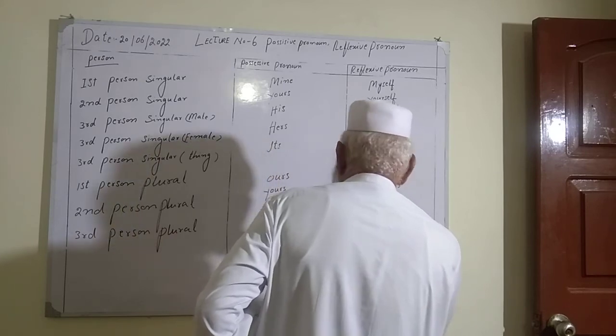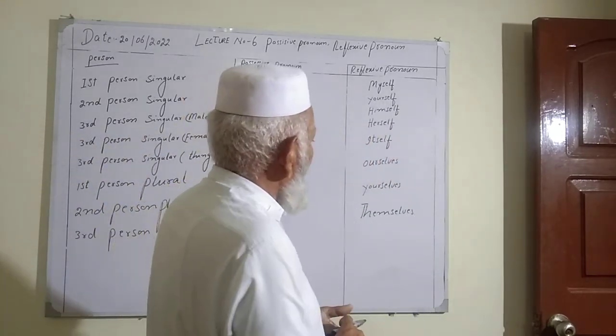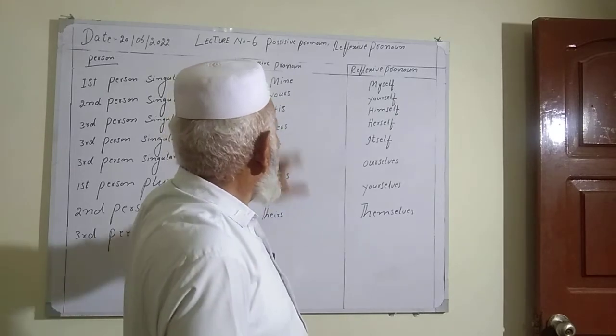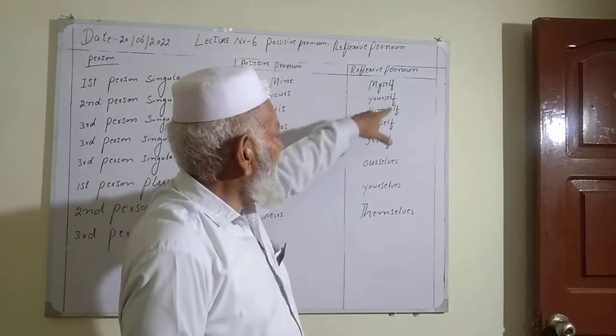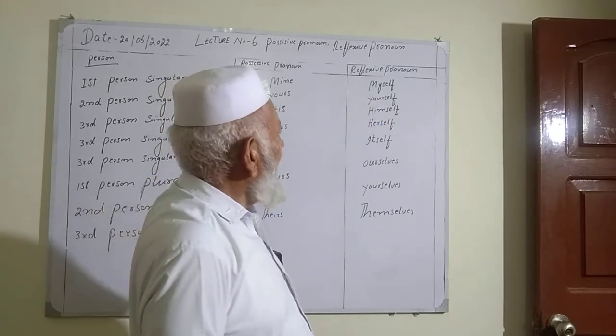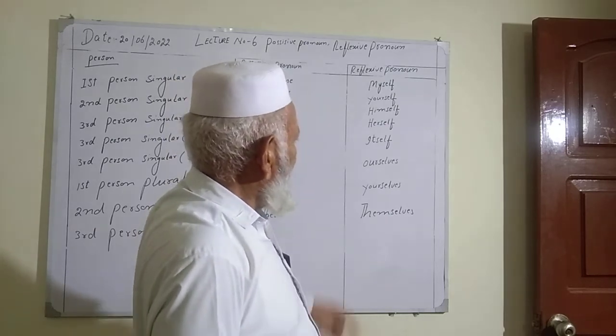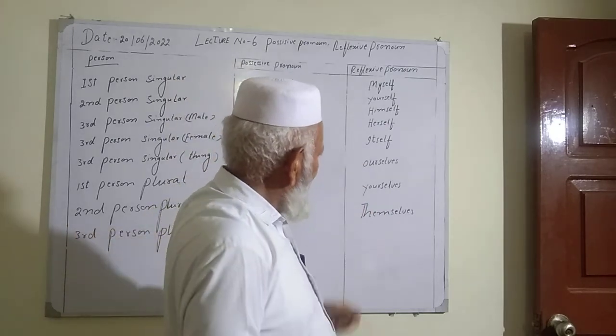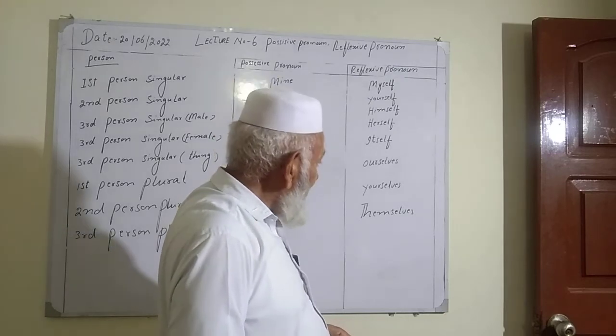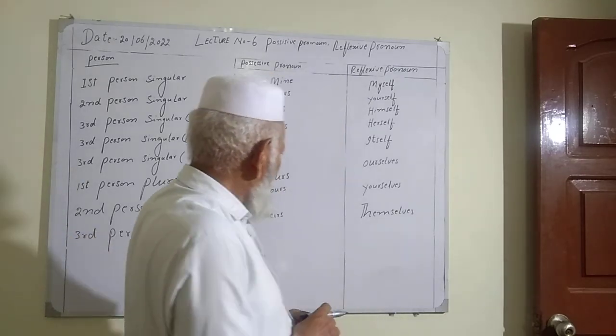So now you are clear that if they are singular, automatically only self will be used, but if they are plural, then selves is used.